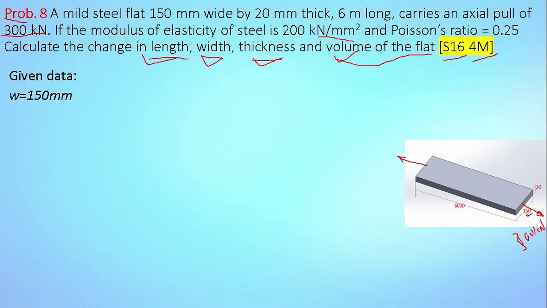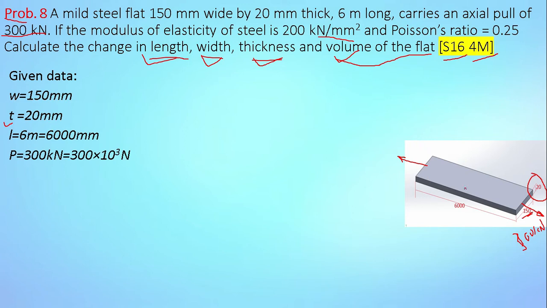Width W is equal to 150 mm. Thickness T is equal to 20 mm. Length is equal to 6 meter, which is equal to 6000 mm. The axial load along x-axis is 300 kilonewton, which is equal to 300 into 10 raised to 3 Newton.